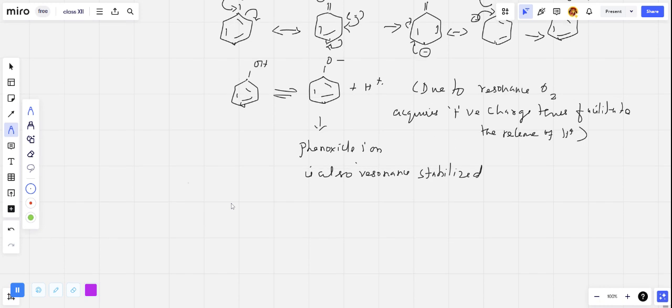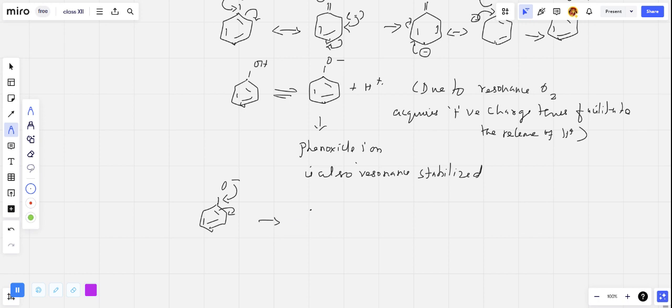Okay, so we see how the phenoxide ion goes through resonance. This is phenoxide. This one comes here, and this will go this side.